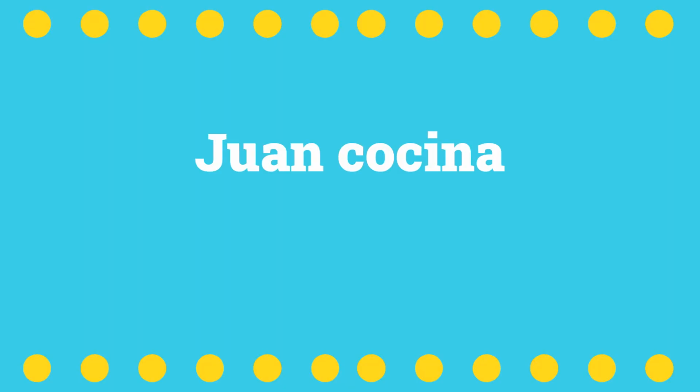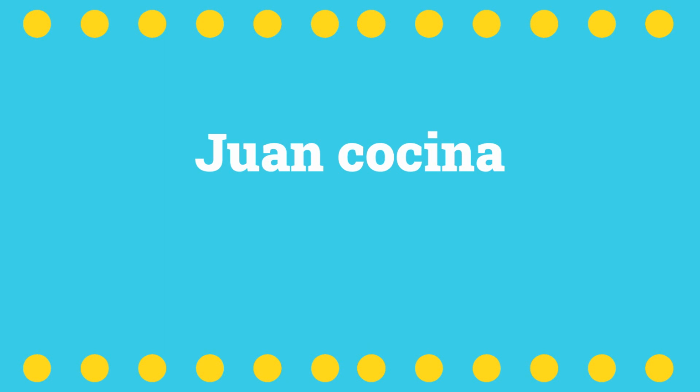But anyway, the first way that you can form a question in español is by quite simply switching the verb and the subject. In this example, I'm using Juan as my subject, and Juan can cook. The verb to cook is cocinar. So if I want to say that Juan cooks, I simply say Juan cocina.